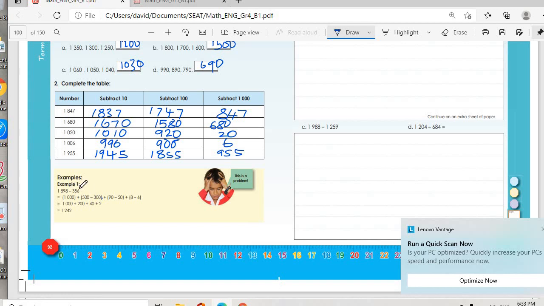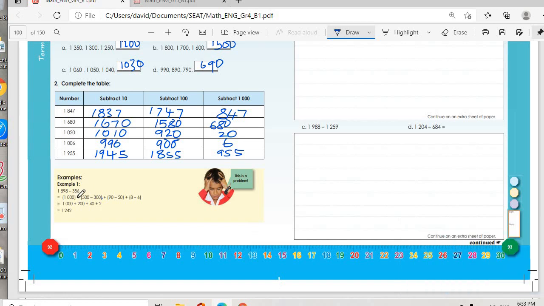We have 1,598 minus 356. So the issue here is you collect like terms together. Thousands, they subtract each other. Hundreds, they subtract each other. Then tens, they subtract each other. Then units.